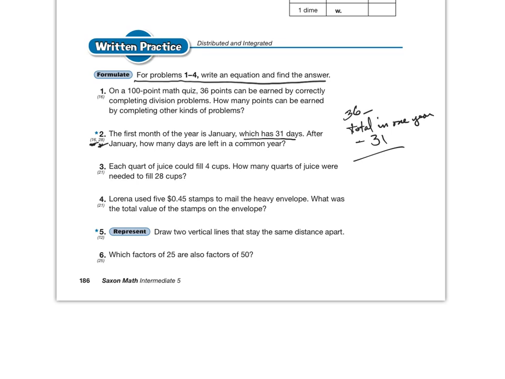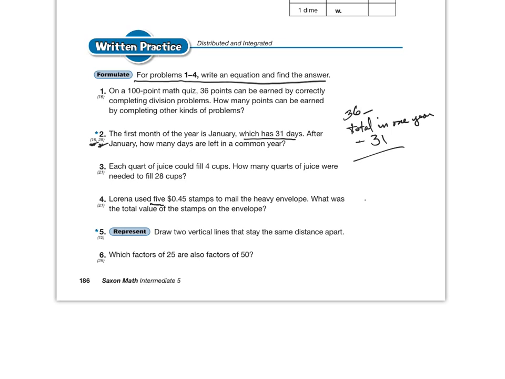365. Number 4. Lorna used 45-cent stamps to mail the heavy envelope. What was the total value of the stamps on the envelope she used? 5. I didn't read that right the first time.